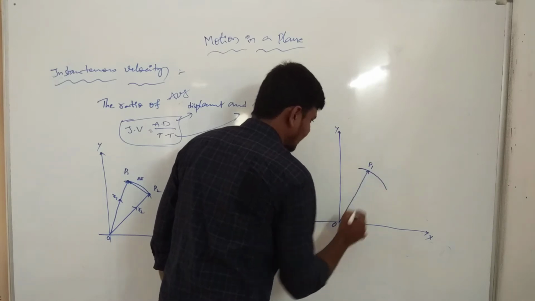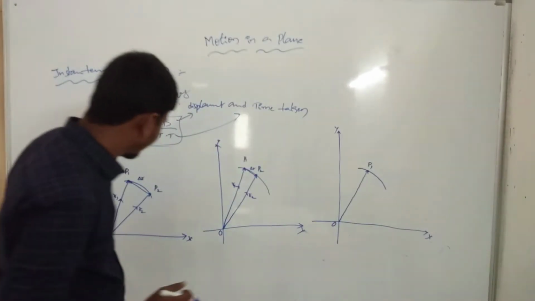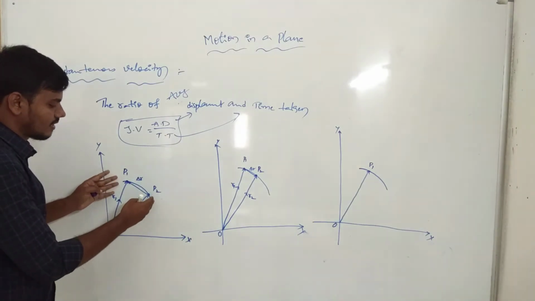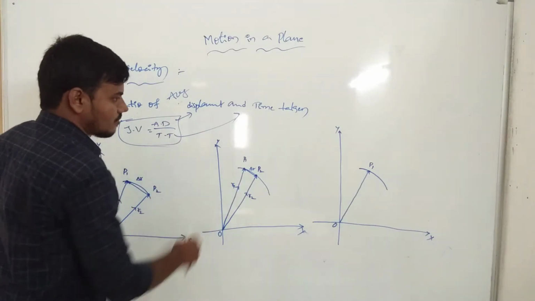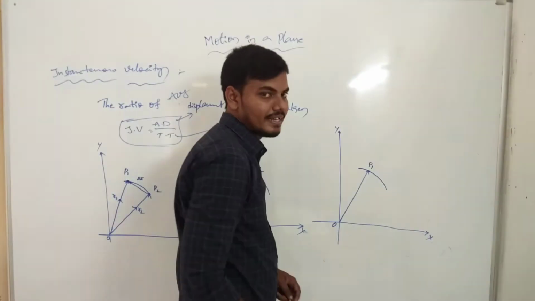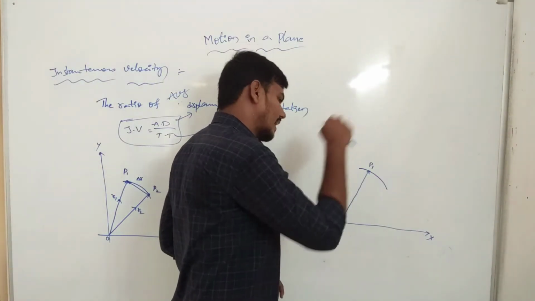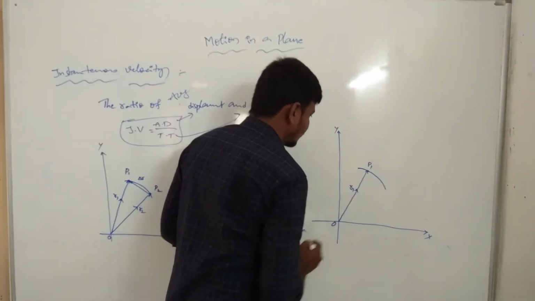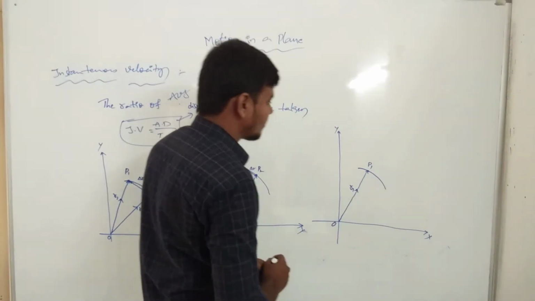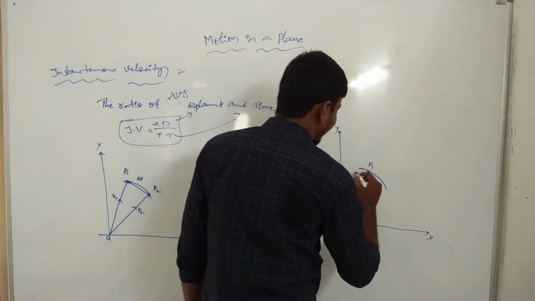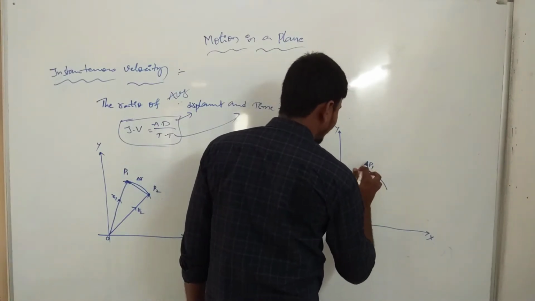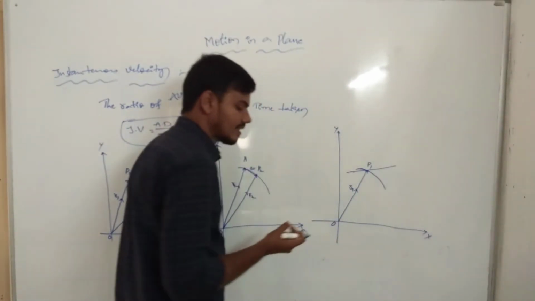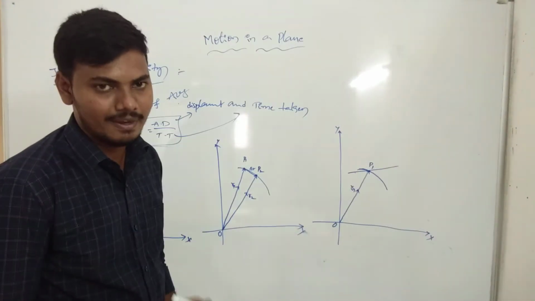Only one position is taken, the shortest displacement. This is similar to the other one. This is R1. Now this position is known as the tangential position. Tangential means theta is equal to the tan property also.